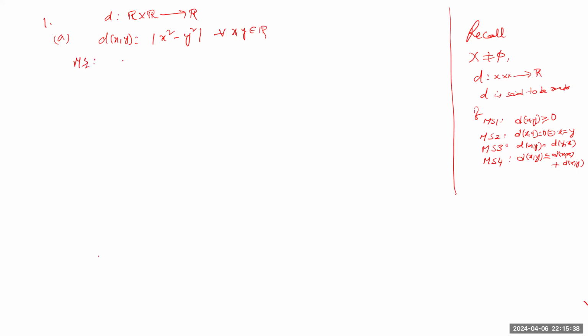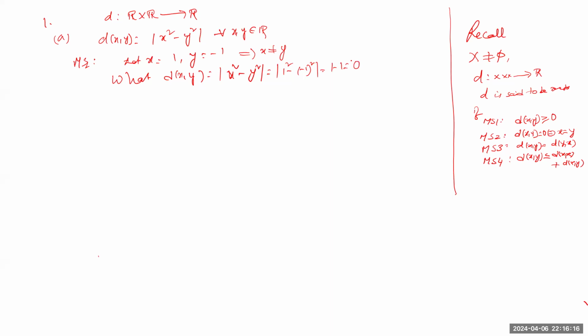MS2 verification: let x equal 1 and y equal minus 1. So clearly x is not equal to y. What about the distance d(x, y) equals the modulus of x square minus y square, that is 1 minus (minus 1) whole square, which equals 1 minus 1, that is 0.